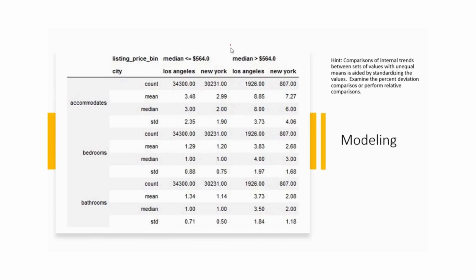When we compare those then to properties greater than $564, we have more accommodations, mean and median. We have more bedrooms, 3.83 to 1.29. We have more bathrooms with 3.73 as compared to 1.34, and 3.5 at the median. So we like to look at some of these comparisons and see if they make sense to us.